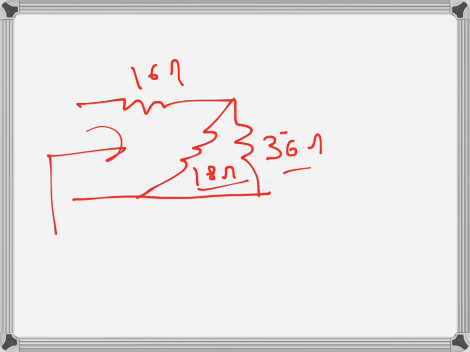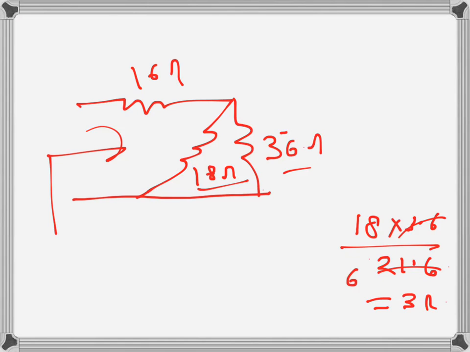The equivalent of 18 and 3.6 again is 18 times 3.6 over 18 plus 3.6, that's 21.6. So that one is 3 ohms. This one goes 6 times, and that's 3. 18 over 6 is 3.